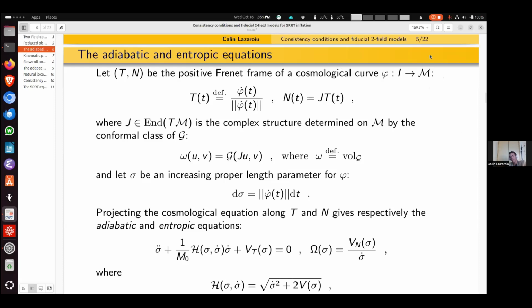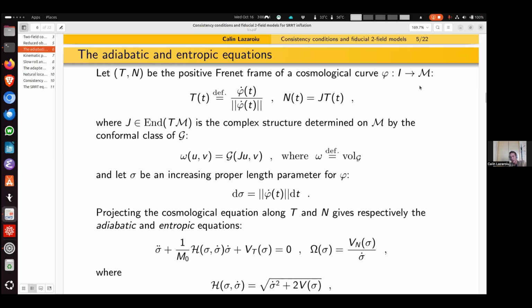So I remind you that if I give you a Riemannian two-manifold which is oriented, which is exactly what I have, this Calin manifold, my target manifold in my application, then there is a one-to-one correspondence between conformal classes of Riemannian metrics on M and positive complex structures defined on M, where a complex structure is called positive if the orientation induced by that complex structure on M agrees with the initially given orientation of M. If I give you an oriented two-manifold, you can have two types of complex structures, those which induce the orientation of M and those which induce the opposite orientation.